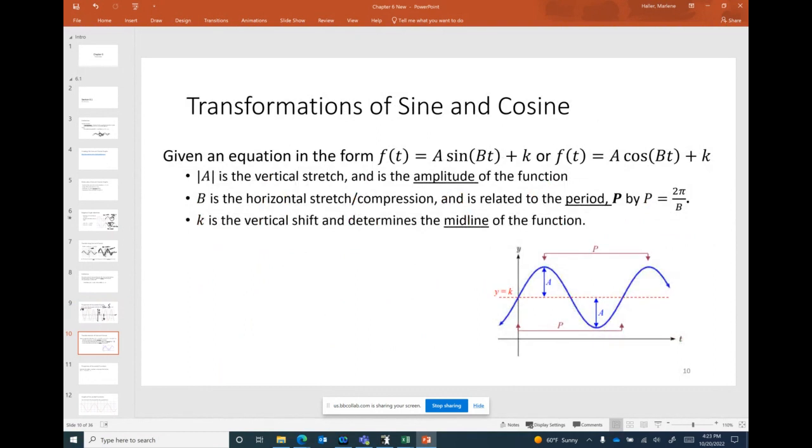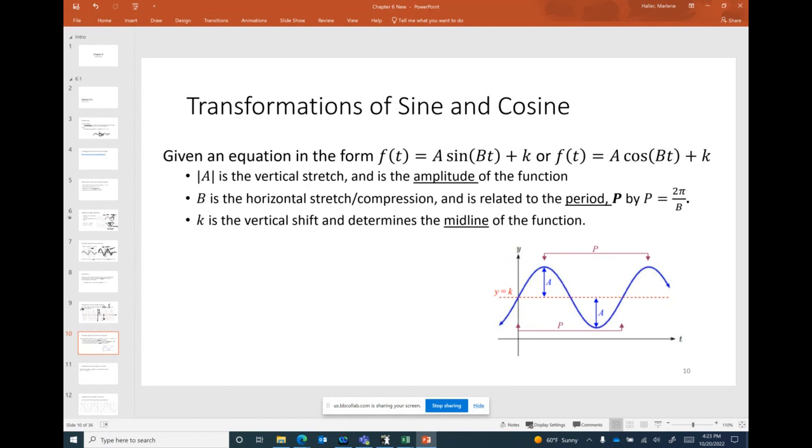All right, so you know there's other transformations that can occur. We've talked about a vertical compression or stretch, okay? And we've defined the period. We've talked about a vertical shift. We can also have a horizontal compression or stretch, right?